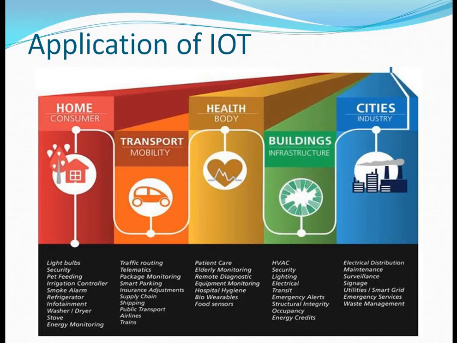Everything in the world is presently converted to smart. People are becoming very lazy now. They want to do their work without any burden or stress. By pressing a small button, they are doing many things. So these are the many applications that we can use here.